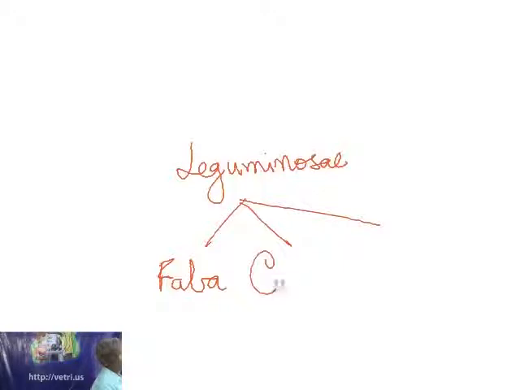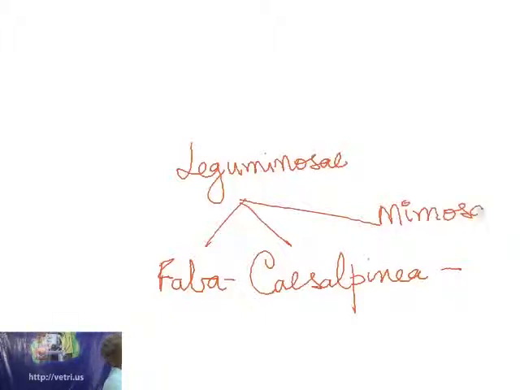At a particular stage it was divided into 3 subfamilies. Now each subfamily is elevated to the position of a family. One is called Fabaceae, the other one is called Caesalpiniaceae, and the third one is called Mimosaceae. So Fabaceae, Caesalpiniaceae and Mimosaceae are the 3 families of the Leguminosae, and Pisum sativum comes under the family called Fabaceae.